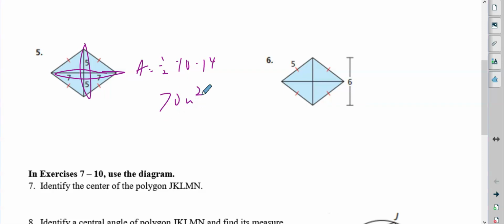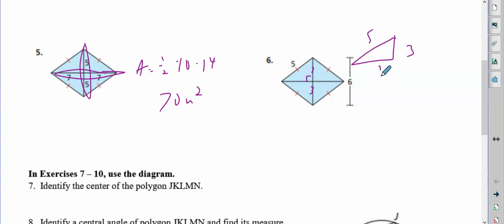Now, this one is a little bit of a tricky one. This is 6. We have no idea what this is. No hint. Okay, well, there's a hint. The hint is, if this is 6, this is 3, and this is 3. Well, what we have here is a right triangle. So we have 3 here and 5 here.